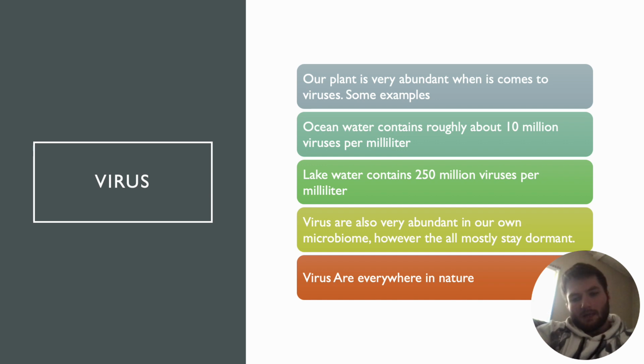A milliliter is very, very small, and that gives you a good estimate of the ratio of viruses in water anyways. But viruses can be found anywhere on everything, almost the same as bacteria.